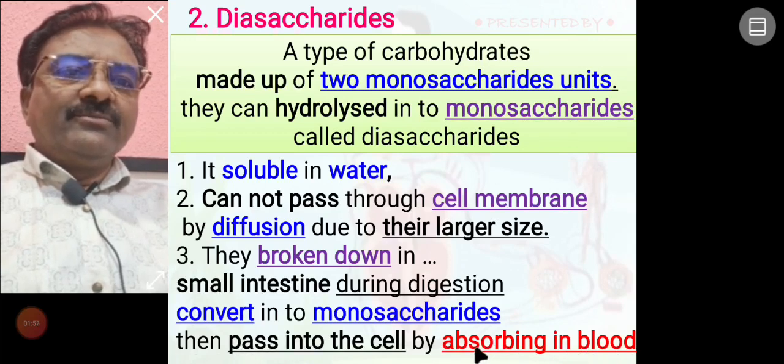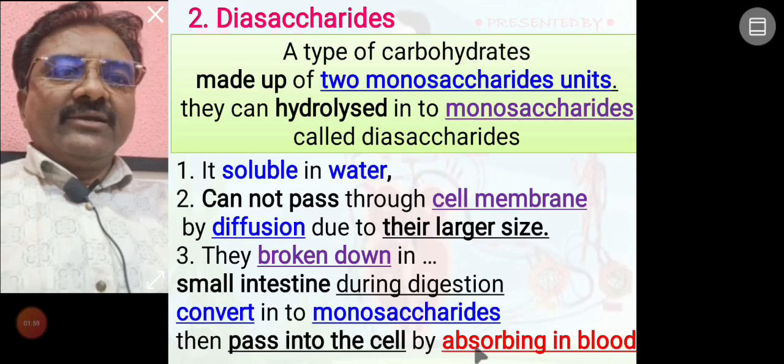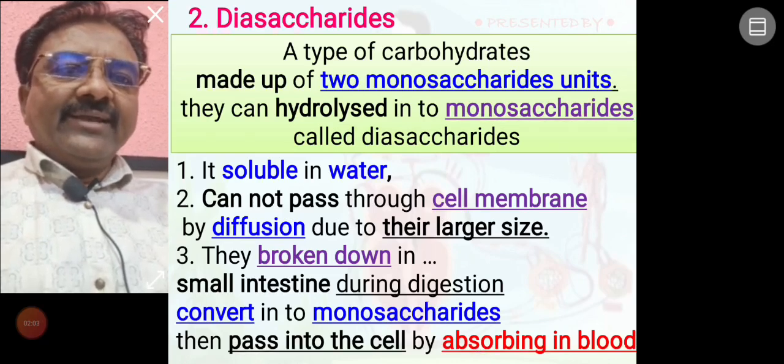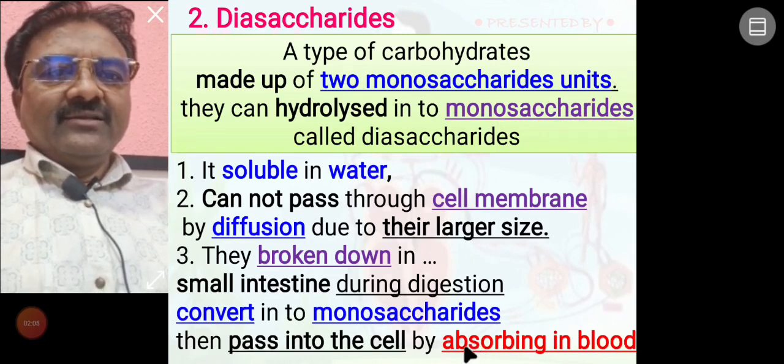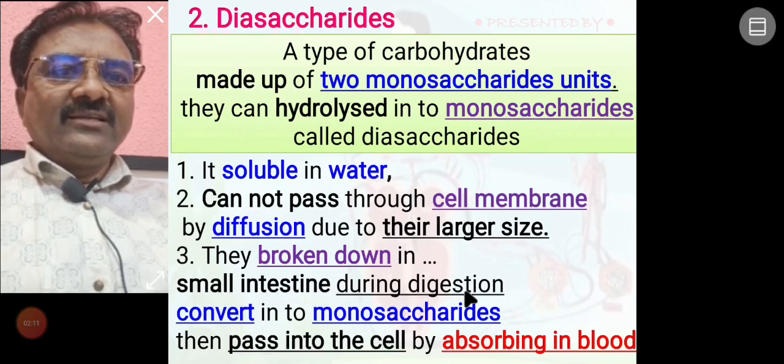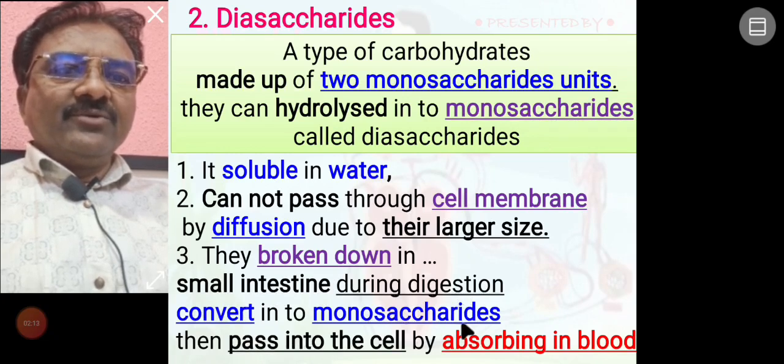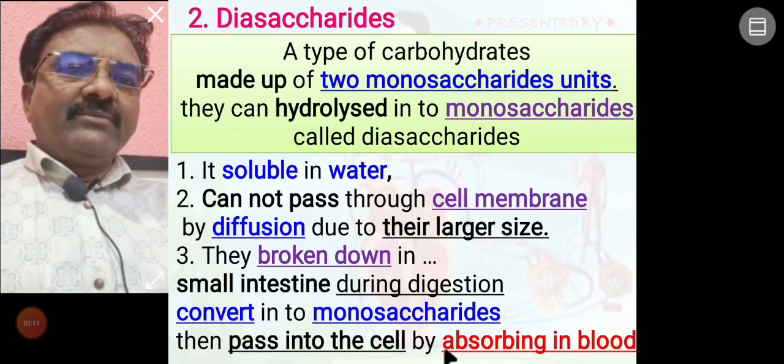So this is the most important. Disaccharide does not directly enter the cell. So disaccharide is broken down in the small intestine during digestion and converted into monosaccharide. Then it passes into the cell by being absorbed in the blood.